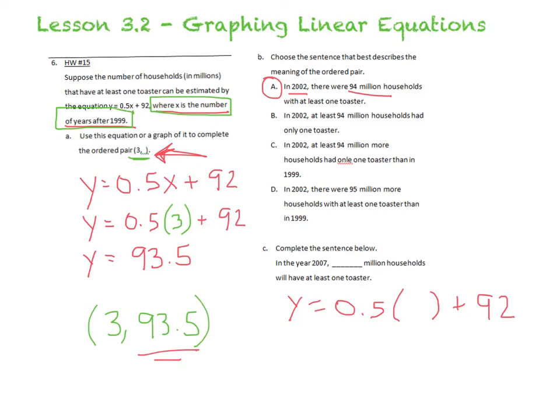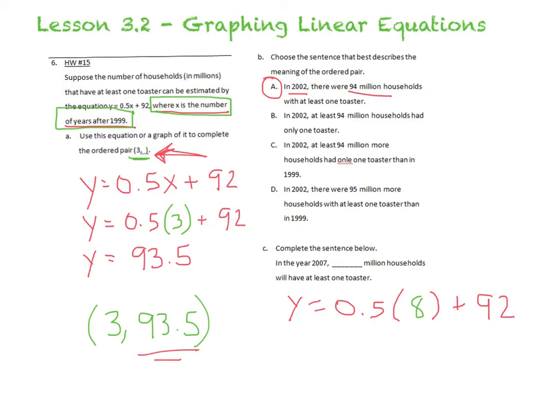So what are we going to use for our X this time? I want you to think about that. I'm going to pause for about 10 seconds, and I want you to think about what number we need to use for X if X is the number of years after 1999. If you said 8, you're right, because 2007 is 8 years after 1999.